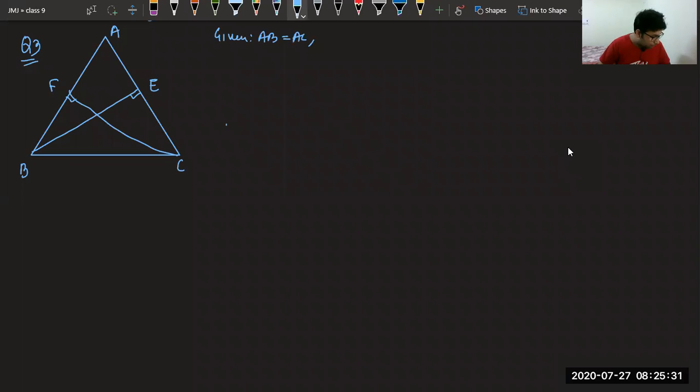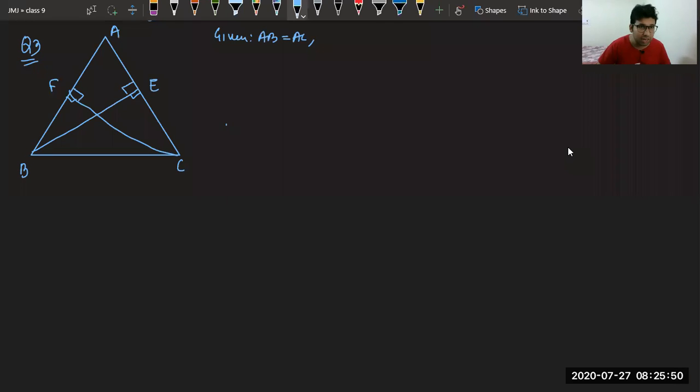Now they are saying altitudes BE and CF are drawn to equal sides AC and AB. They are saying BE and CF are the altitudes. That means this angle is 90 degree, this angle is 90 degree. So, and they are drawn on equal sides AC and AB.